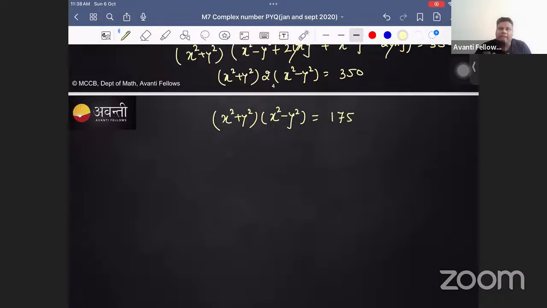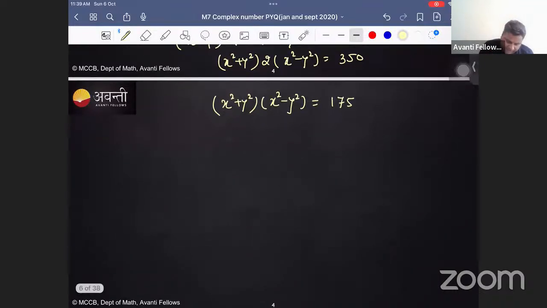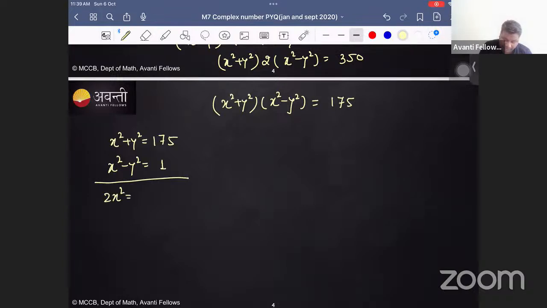Now since x and y are integers, x square plus y square will be an integer, x square minus y square will also be an integer. Now I will have to make cases of how x square and y square can assume values. One case is if I take x square plus y square as 175 and x square minus y square as 1. If you add both of them, you get 2x square as 176, means x square as 88.